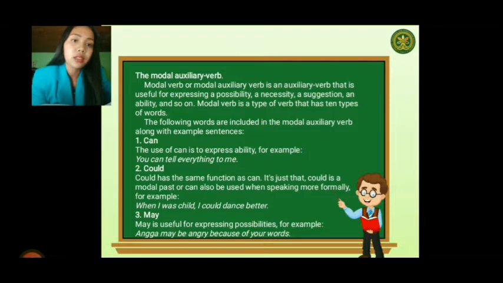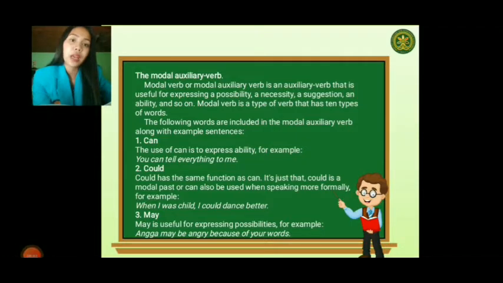It's just that could is the past form of can, and can also be used when speaking more formally. For example, when I was young, I could dance better.